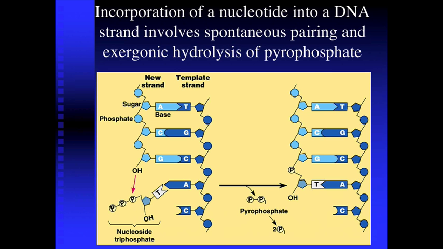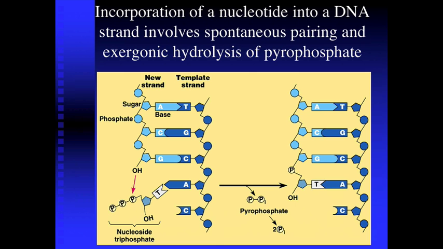We call it a nucleoside when we are not including the phosphate groups, or a nucleotide when we include the phosphate groups in the molecule. So I'm going to call this a nucleotide or a nucleoside triphosphate, recognizing the 3 phosphates, and of course the other 3: ATP, GTP, TTP, and CTP.